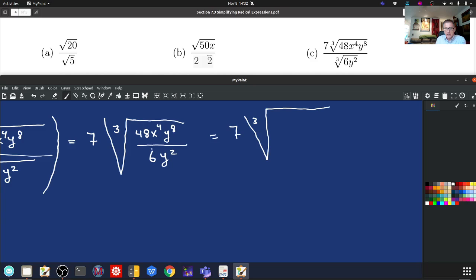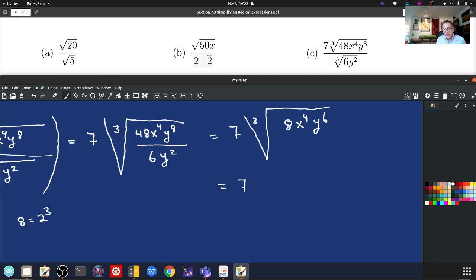48 divided by 6 is 8. X to the fourth stays the same. Y to the eighth divided by y squared is y to the sixth. Now recall that 8 is equal to 2 to the third.